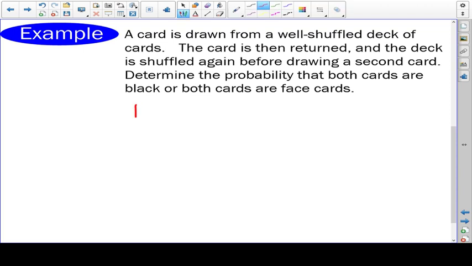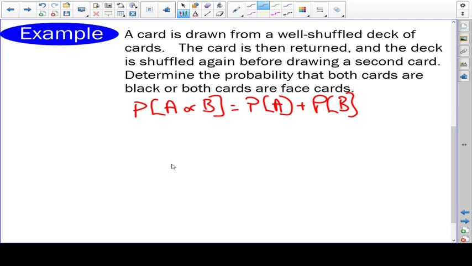The probability of A or B is going to equal the probability of A plus the probability of B. Now, is there overlap? Can we have cards that are black and face cards? Yep. So it's going to be minus the probability of A and B.